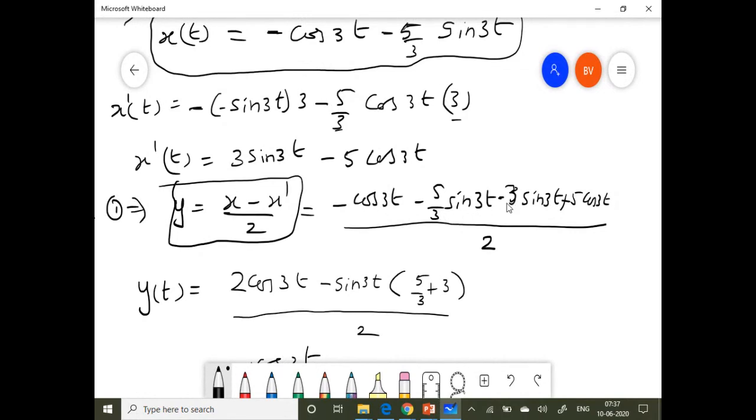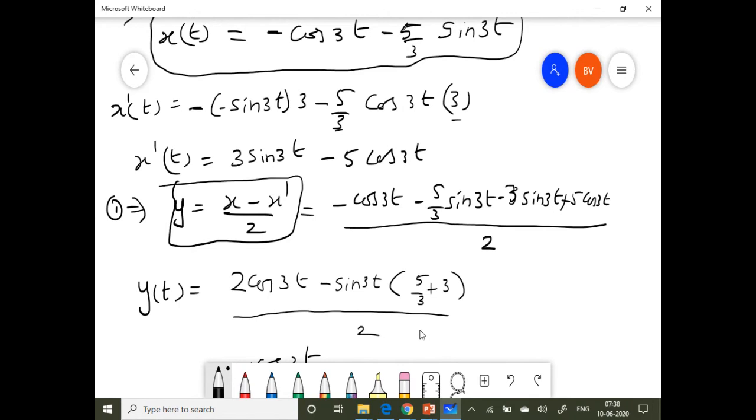X prime is 3 sine 3t minus 5 cosine 3t. When we subtract, minus and minus gives plus 5 cosine 3t, divided by 2. This is right. And the next step, it should have been minus 1 plus 5.